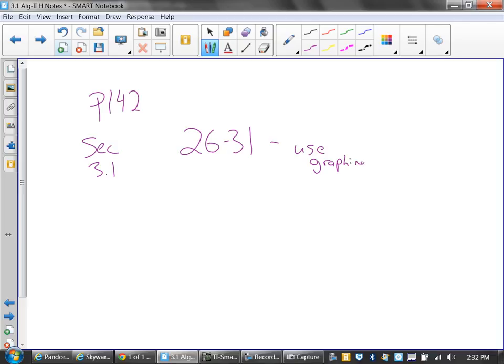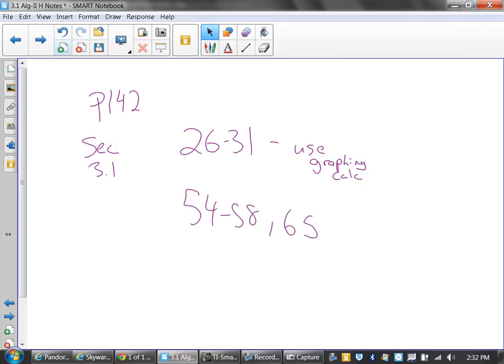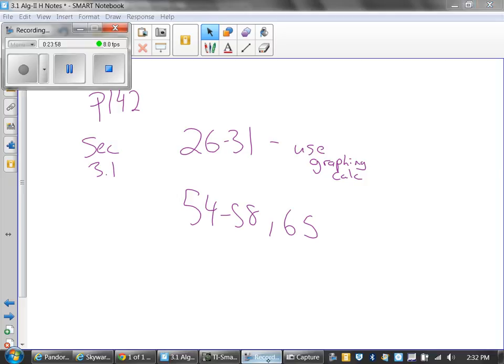Wait, so we don't have to write it? You still have to solve for y on a lot of them, but you don't have to do algebra. Just solve for y. And then the other ones are 54 through 58 and 65. All in 3.1. Yeah, it's all 3.1.